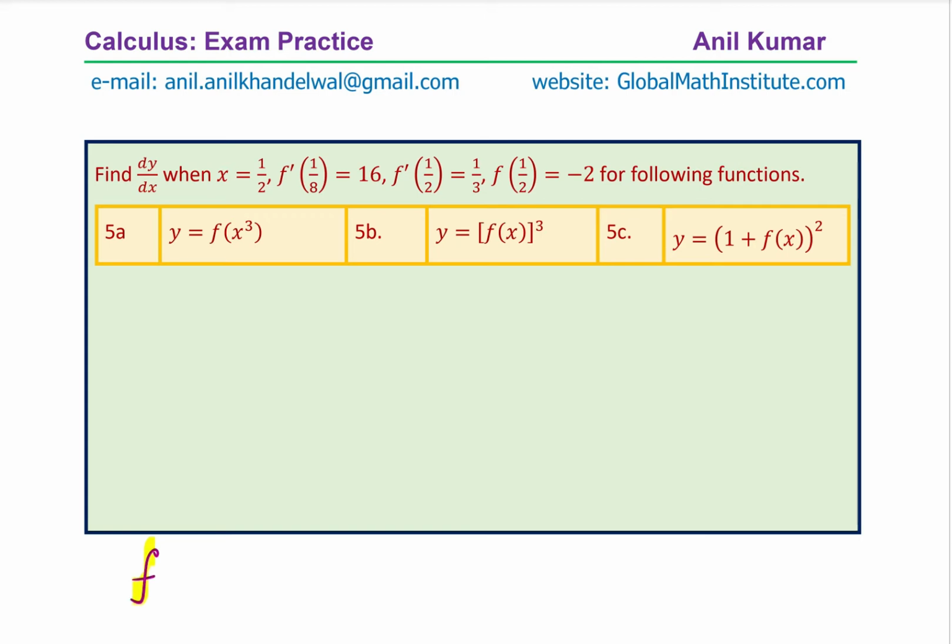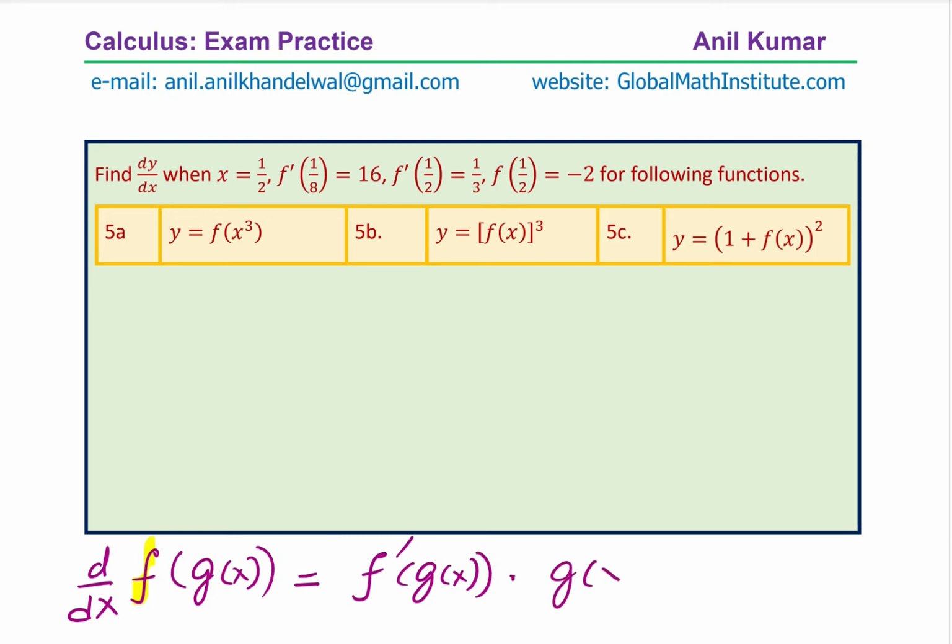If we have f of g of x, then the derivative of this composite function, d/dx, is equal to f prime of g of x times the derivative of the inside function. Correct? So that is the rule. We'll apply this rule to find the solution.